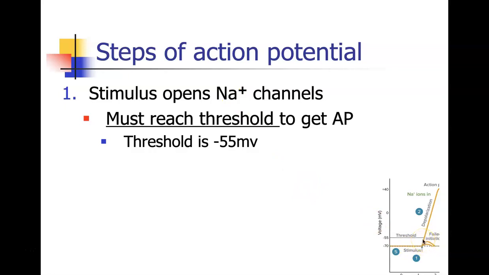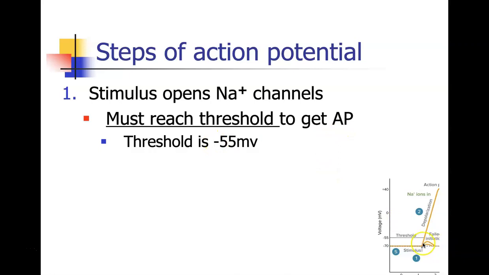There's a point, usually around negative 55 millivolts, that's called threshold. A cell has to depolarize enough to get to that threshold in order to generate an action potential.